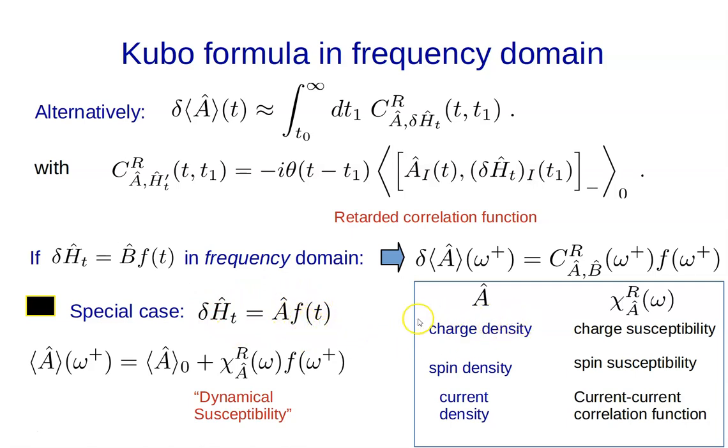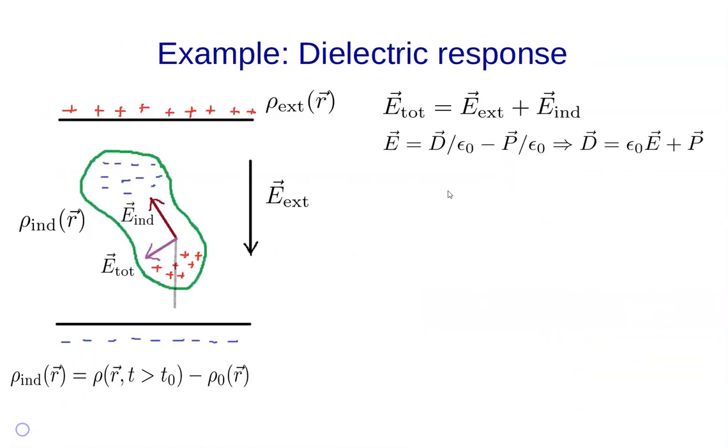So let's take the example of the charge density, and let's see how that applies to a real situation. This case is the so-called dielectric response of a system. So let's see how that works. Okay, so let's consider dielectric response then.